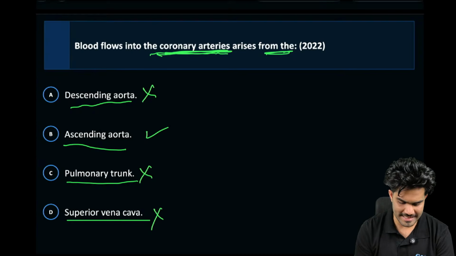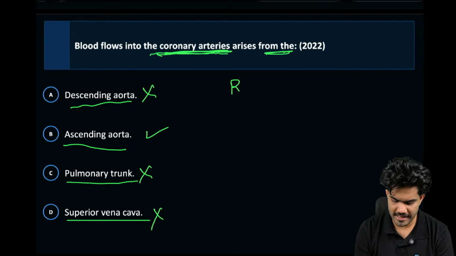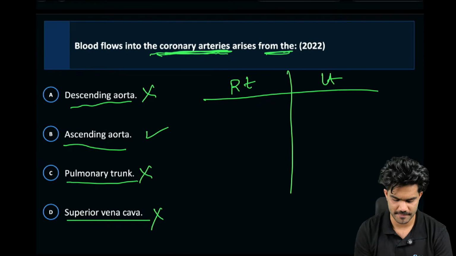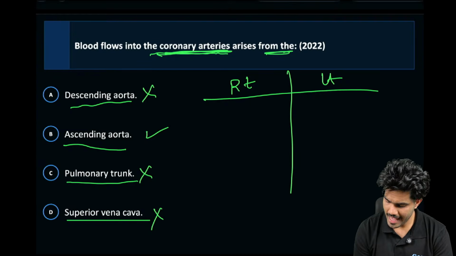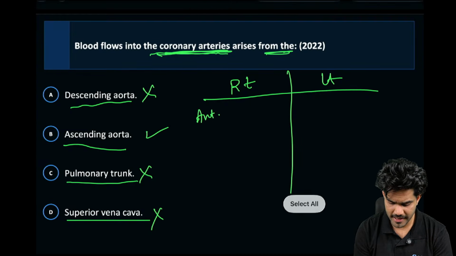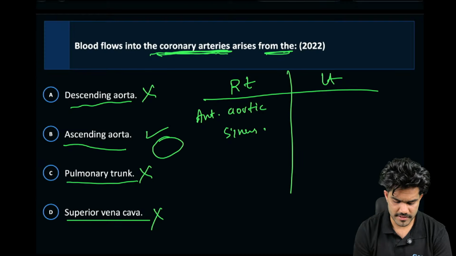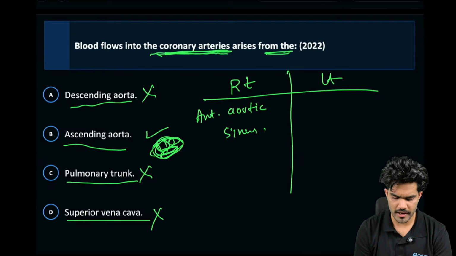Okay. Next, let's see in ascending aorta. Let's see right coronary and left coronary, how they are originating. Right coronary arises from anterior aortic sinus. I have told you the aorta has how many sinuses? 2 posterior and 1 anterior.